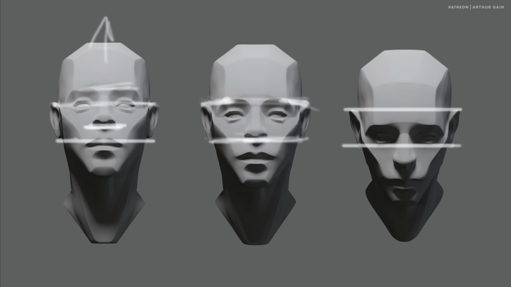If the person is looking down, the nose will go below the level of the ear. So every time you see someone looking up or down, check the placement of the ear.